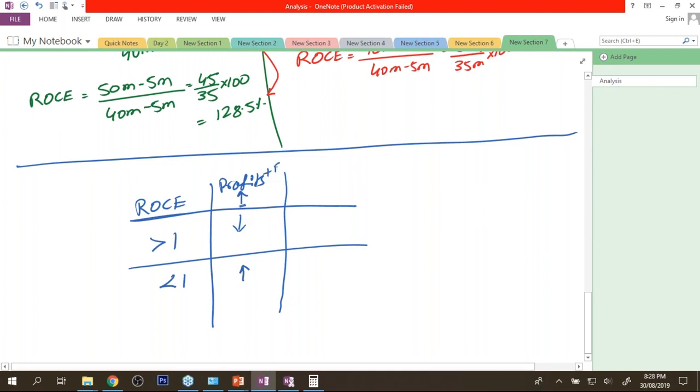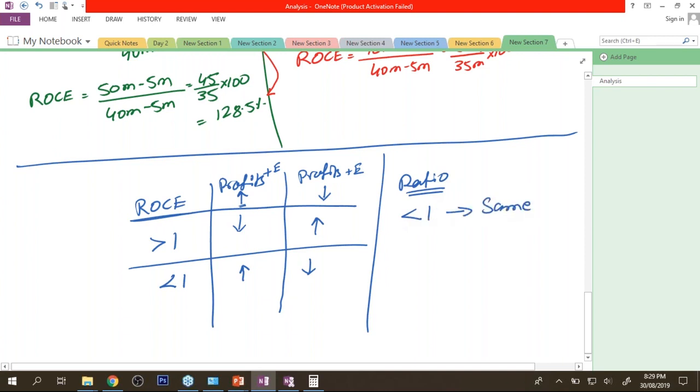Increasing the profits plus equity, obviously, because profits will ultimately affect the equity. Similarly, if the profits and equity are decreased and the value is less than 1, it will also decrease. And if it's more than 1, it will be increased. So if any ratio is less than 1, it is going to have the same effect. And if it's more than 1, it is going to have an opposite effect.